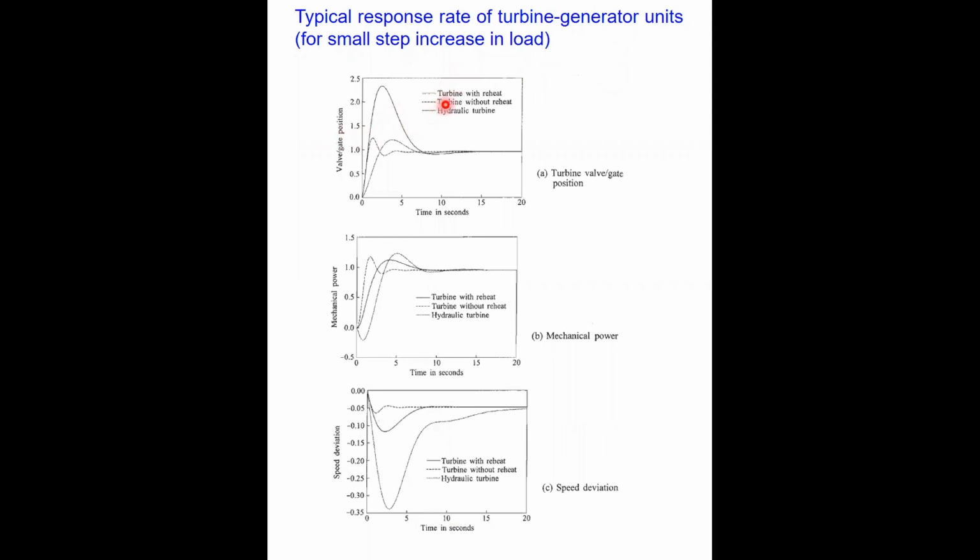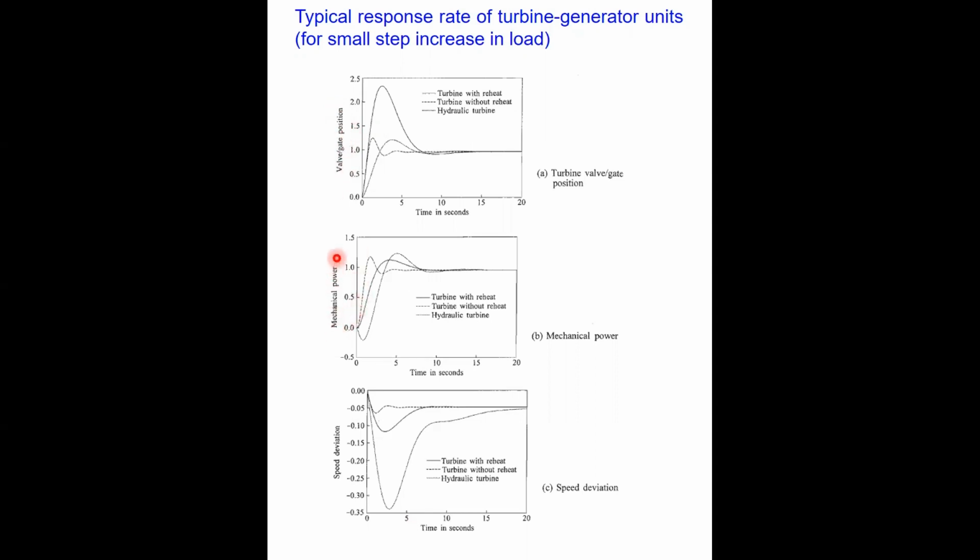For the different types of turbine, hydro turbine, turbine without reheat, turbine with reheat, these curves have been shown. All the three curves show how the valve, in the case of steam turbine, or gate in the case of hydro turbine, will vary.